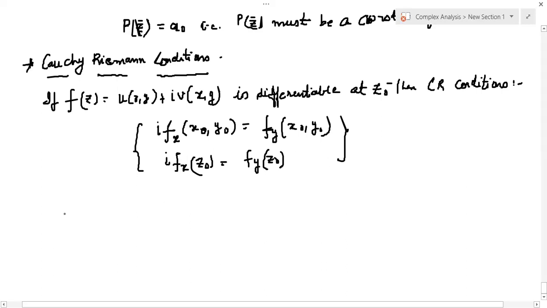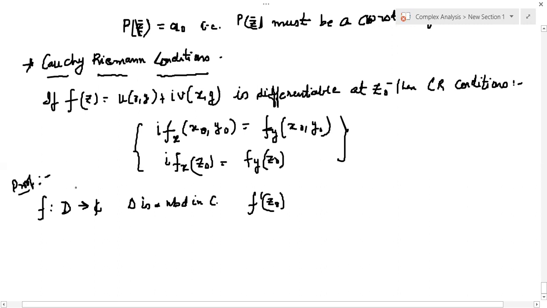Let us say that f is defined from D to C, where D is some neighborhood in C or open set in C. Now, f dash z naught exists because it is given that f is differentiable at z naught.